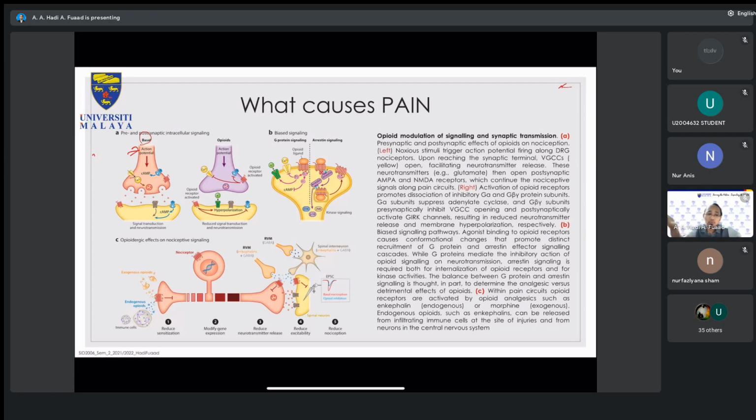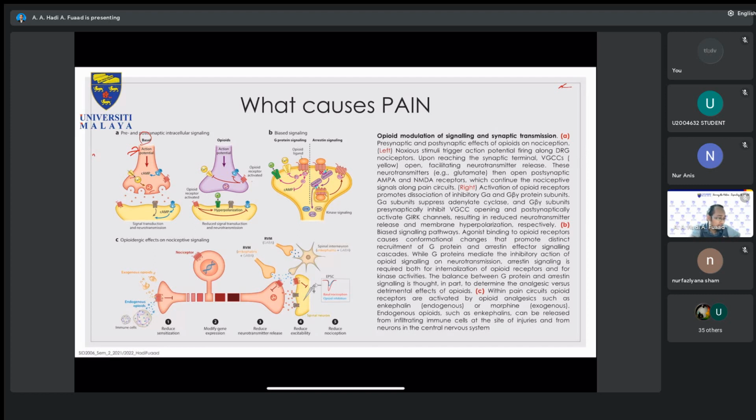So it releases neurotransmitter from one neuron to another, and it keeps on transferring until it reaches the brain, and that's when you feel pain.